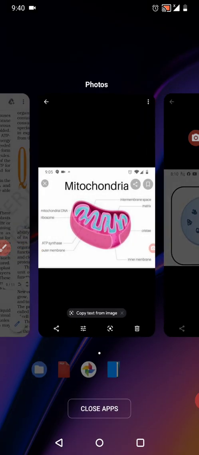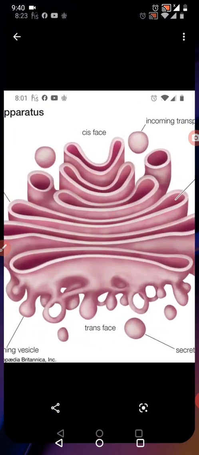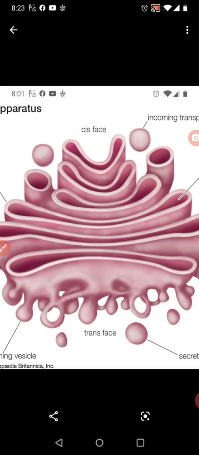Then after that, we have also studied the Golgi apparatus. Golgi apparatus or Golgi bodies was first discovered by Camillo Golgi. If you see, it is a network-like structure, and this network-like structure consists of mainly three things, that is vesicles, vacuoles, and cisternae.